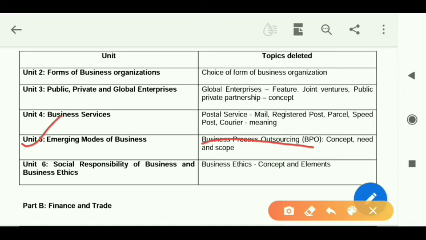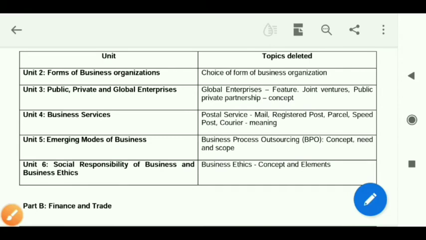If we understand KPO, then definitely we will need to understand BPO. So this is what CBSE is trying to tell. Definitely questions will not be asked, but for our knowledge, as the two topics are linked, we can have a brief idea about BPO.